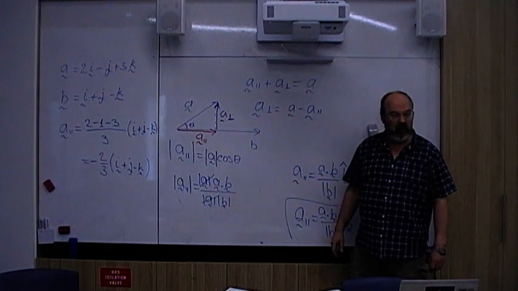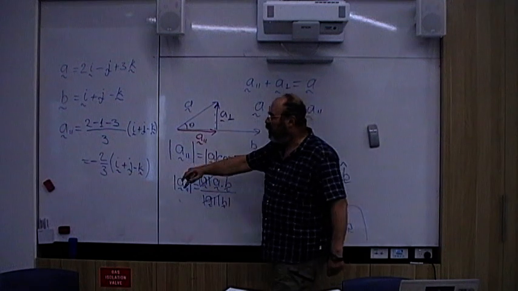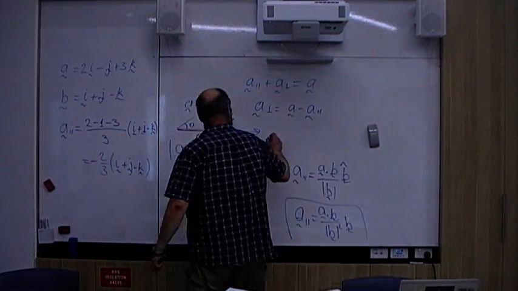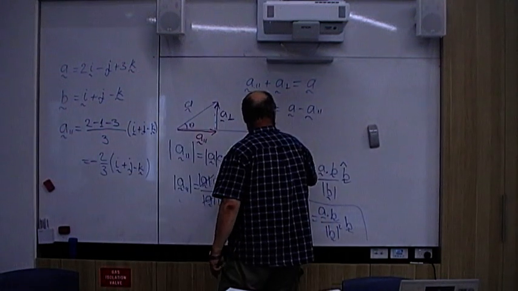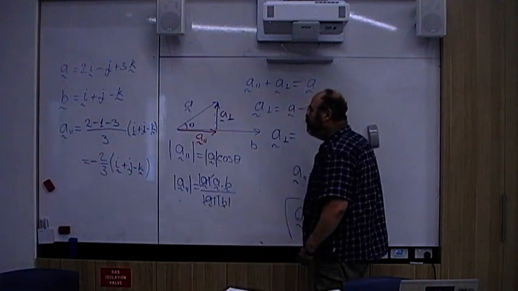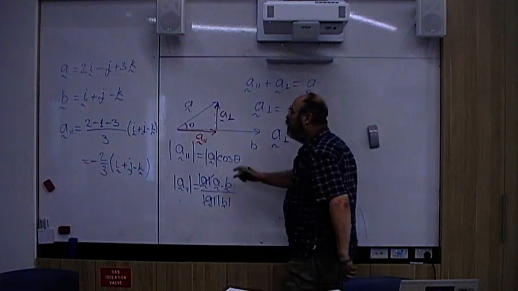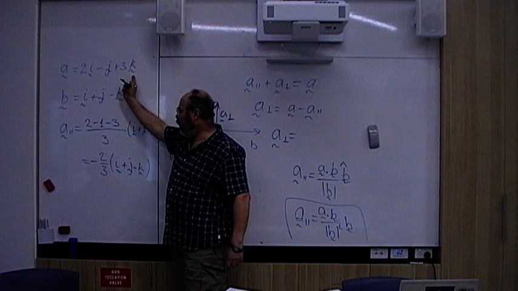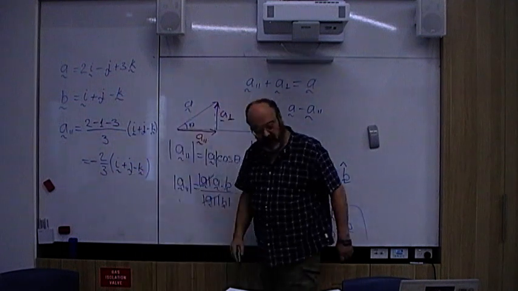All we need to do now to find A perpendicular is subtract: A, which is 2i minus j plus 3k, minus this vector.